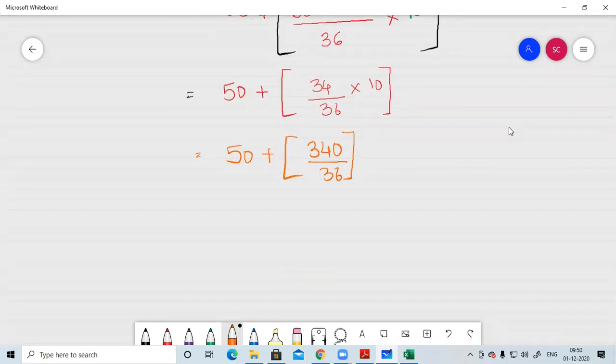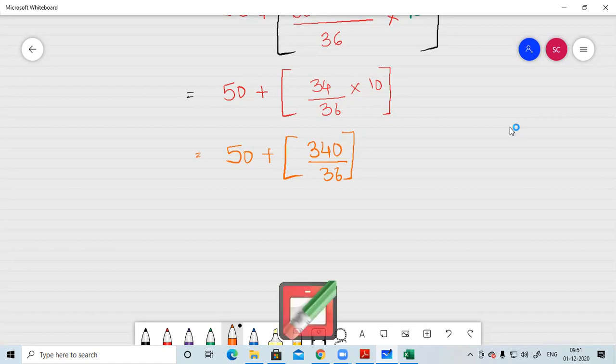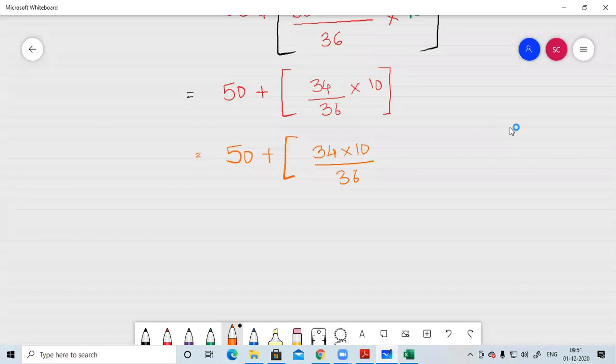How did I get 340? I did 34 into 10. Did you all understand what I did? I'll do one more extra step for you. I did 34 into 10 upon 36. Multiplication means you can do it directly. That's how I got 50 plus 340 upon 36.